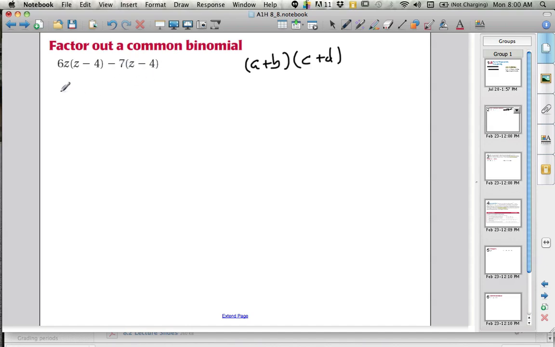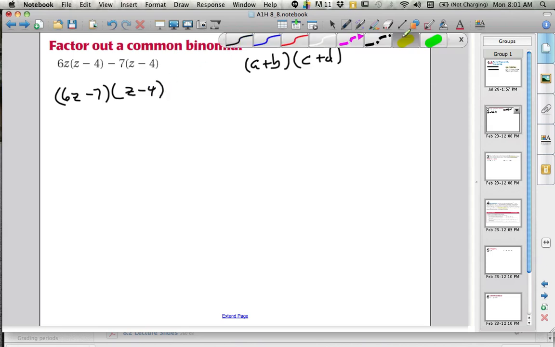And what that becomes is 6z minus 7 times z minus 4. Okay, and all I really did is I used the distributive property. See, these items are going to make these items here. And I used the distributive property to unmultiply something.